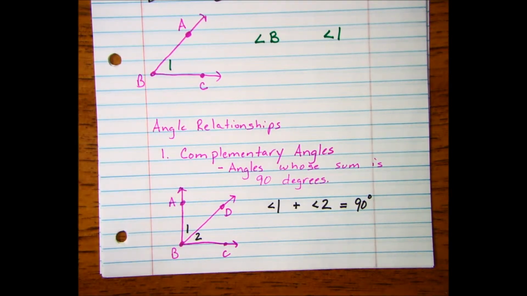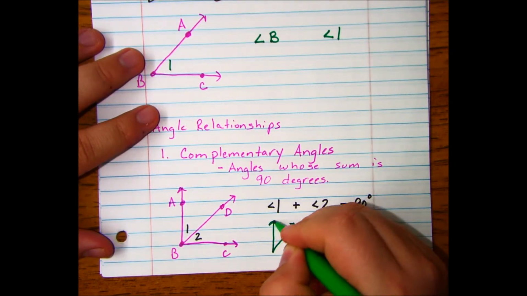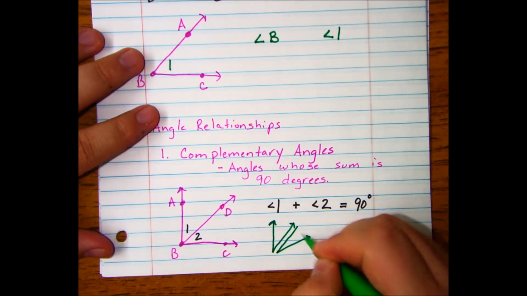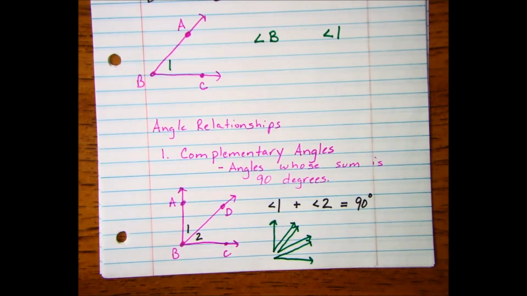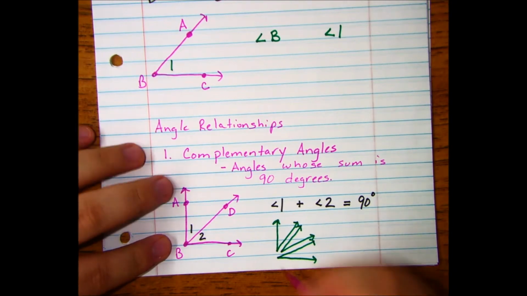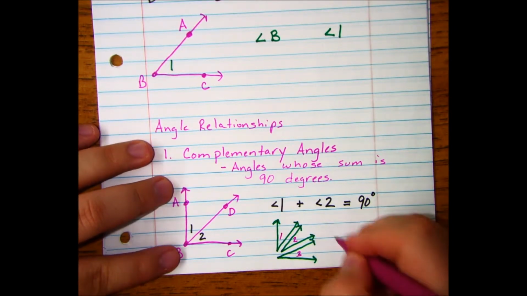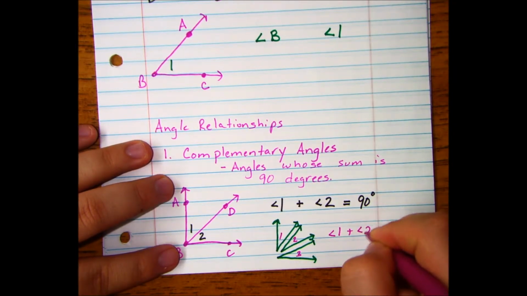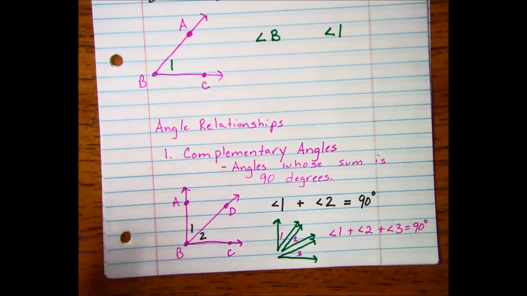And you don't necessarily have to have them together, like in this example. You could easily have, let's say, 3 separate angles in which angle 1 plus angle 2 plus angle 3 is equal to 90 degrees. You can have almost any number of angles. It's just as long as their sum is 90 degrees.